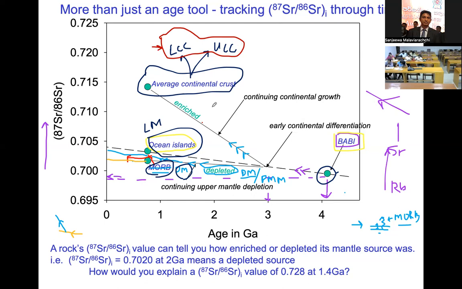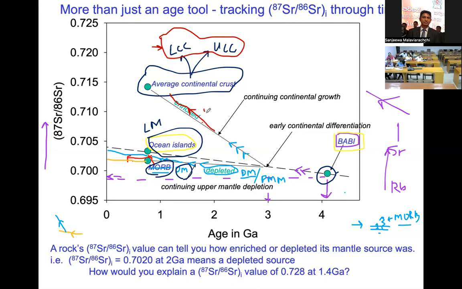So look here, everybody is writing. When the continental crust is formed, if you have a lot of melt crystallization as the upper continental crust, like granites or something, then you will see slight deviation from this average continental crustal evolution line also, right?